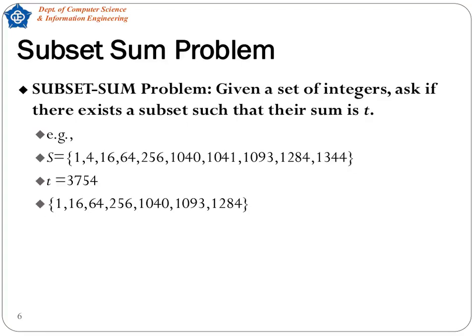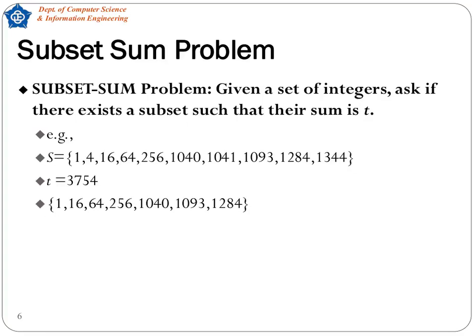Now, let's turn our attention to the subset sum problem. Here, you're given a set of integers S and a target sum t, and you must decide whether there exists a subset of S whose elements add up exactly to t. For example, take S equals 1, 4, 16, 64, 256, 1040, 1041, 1093, 1284, 1344, with t equals 3754.